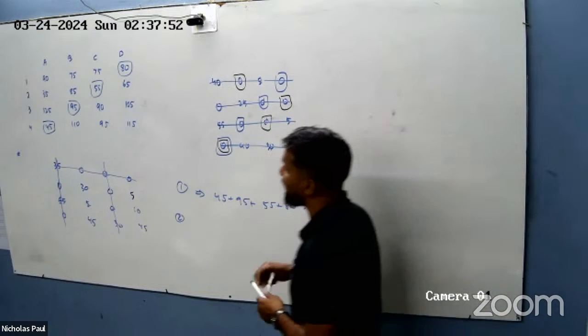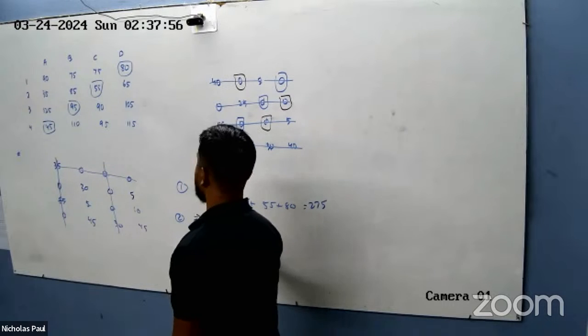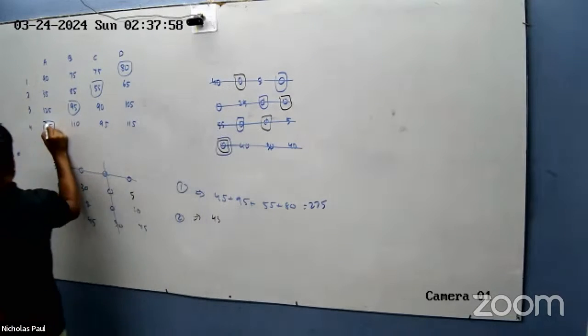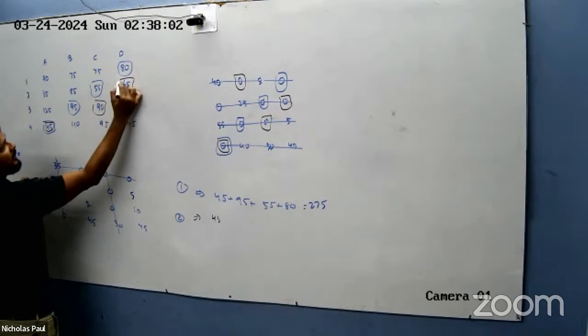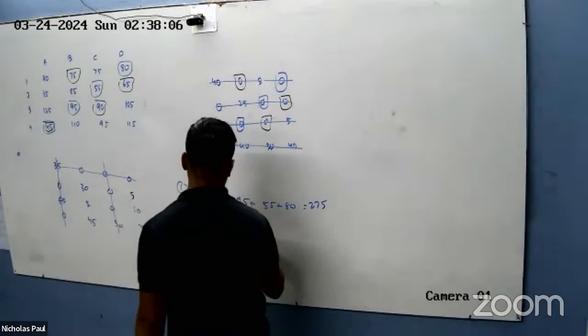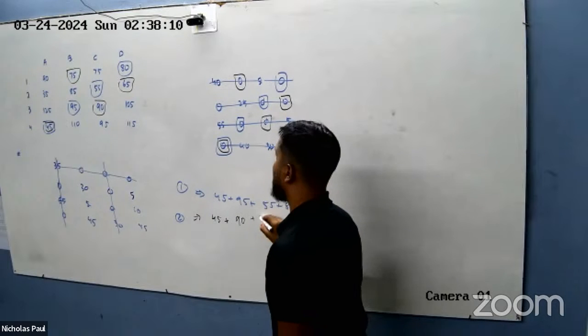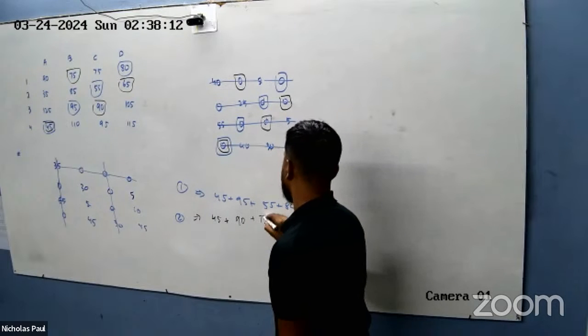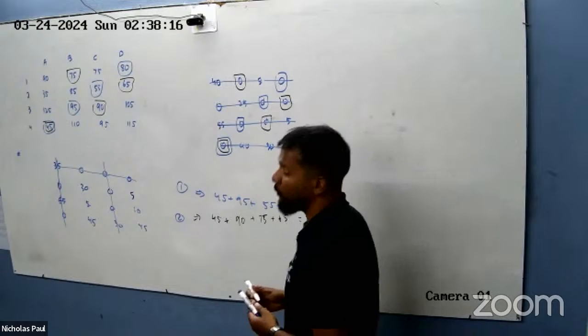Check it and see. So it will be 40. Oh, I didn't write it. 45, 90, 65, 75. Right? Anyone can do it.